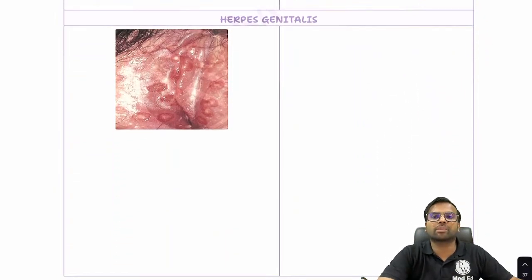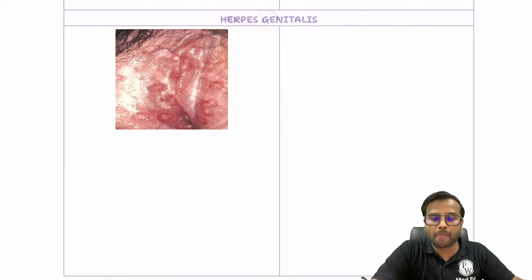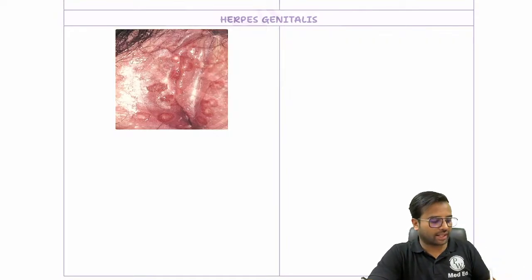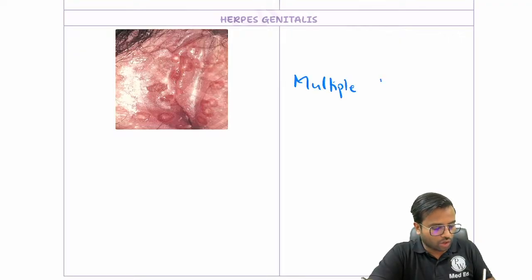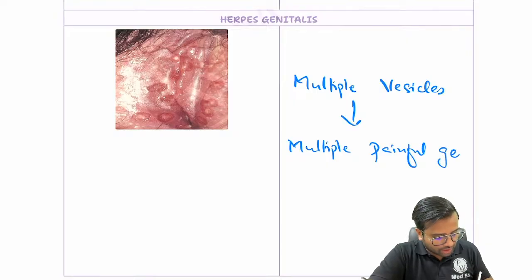And let's also discuss how a patient presents to you with herpes genitalis. When it comes to herpes genitalis, the patient will present to you with multiple vesicles, which will lead to multiple painful genital ulcers.